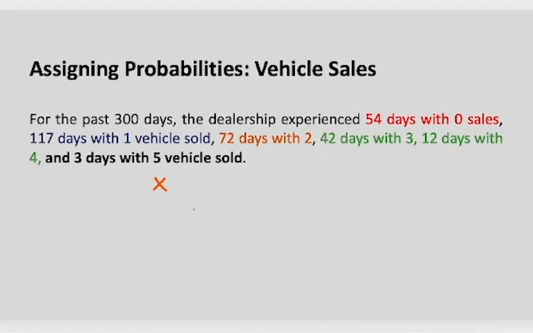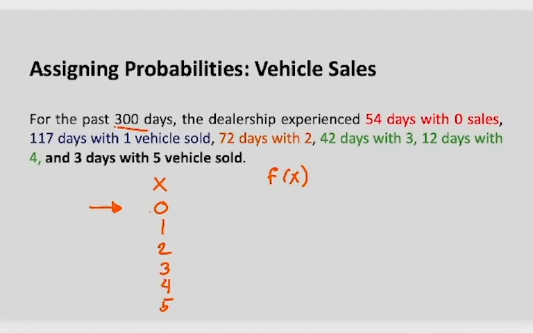So there are 6 possibilities here, which are 0 sales, 1 car sold, 2, 3, 4, and lastly 5 cars being sold. The function of x, or the probability, is equivalent to the number of days that this particular event happened, divided by the total number of days being tested. In this case, that is 300 days.